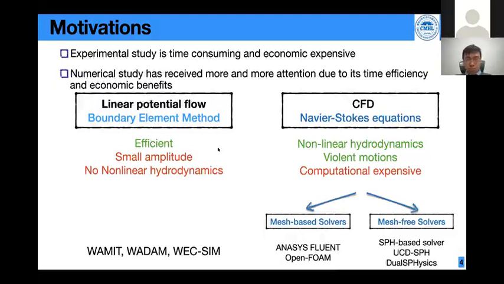The CFD-based approaches can be divided into two parts. First are the mesh-based solvers, and another is the mesh-free solvers. Fluent and OpenFOAM are widely used for the simulation of wave energy converters, and SPH and MPS nowadays have also received more and more attention for the development of numerical solvers for modeling wave energy converters.